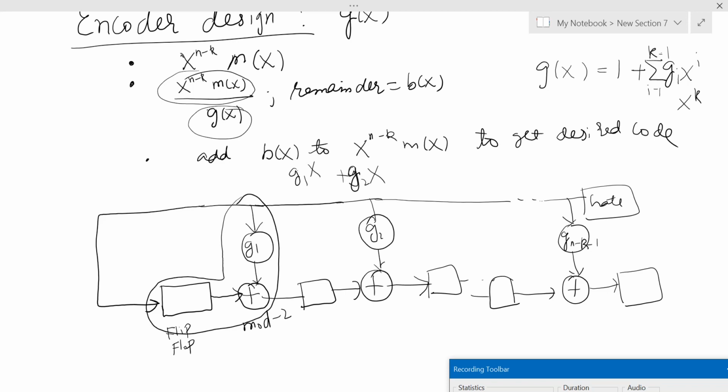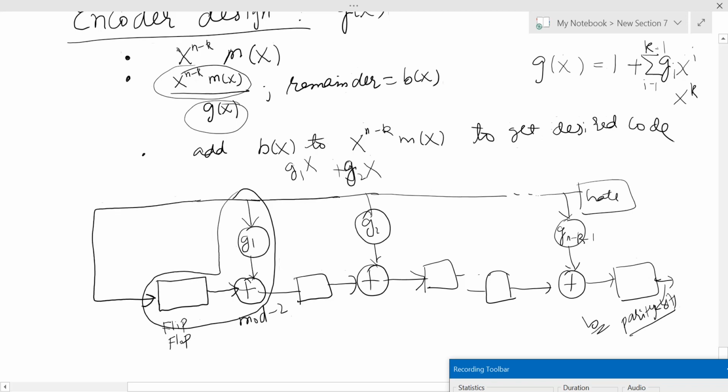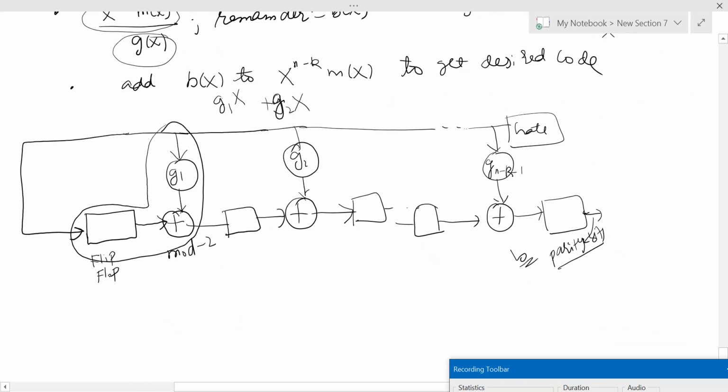So the output at this point will be the parity bits, the remainder b. Okay, and here we are supplying the message bits. These message bits will be used in this way.